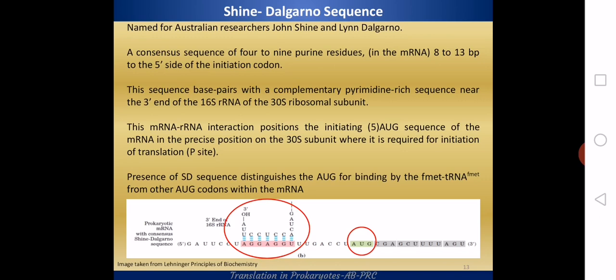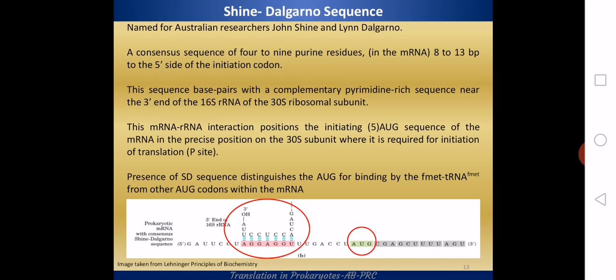This sequence base pairs, and that is how the AUG is positioned exactly at the P site. The mechanism is that this sequence base pairs with a complementary pyrimidine rich sequence within the 16S rRNA of the 30S ribosomal subunit. So we have to recall that rRNA are present in the ribosomes, isn't it? So within the 30S ribosomal subunit, we have the 16S rRNA.